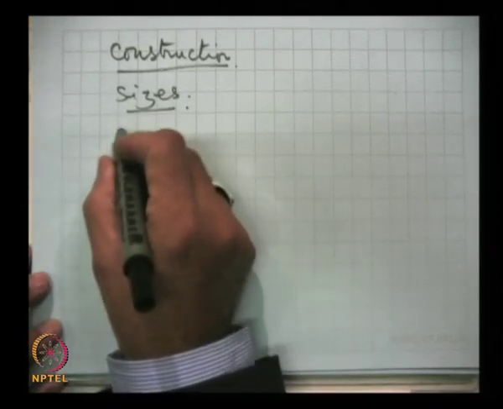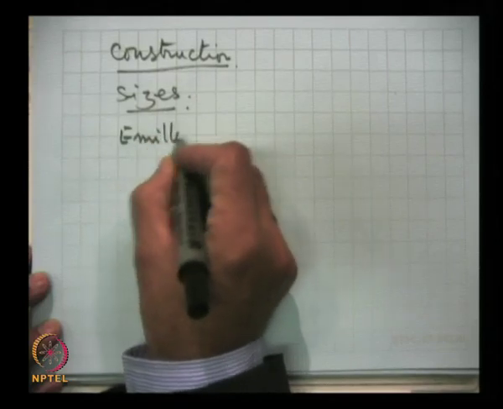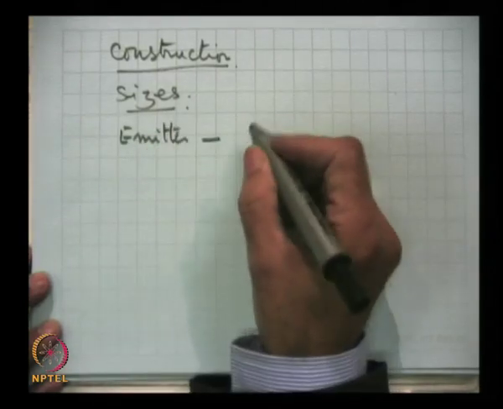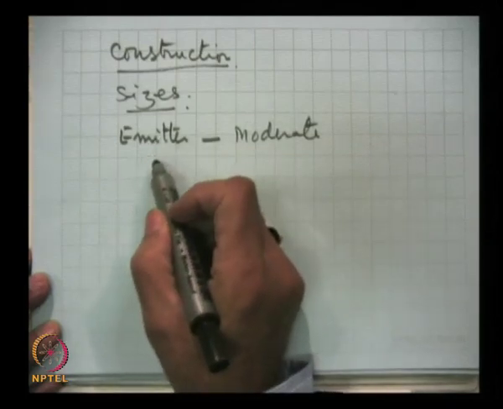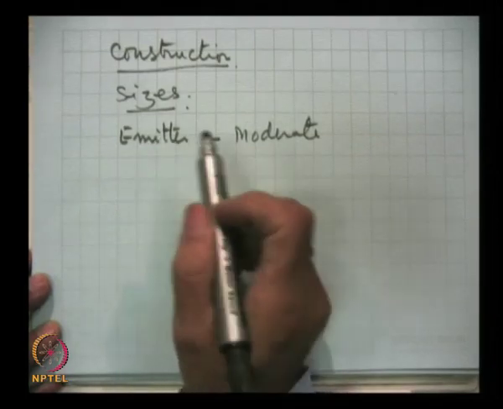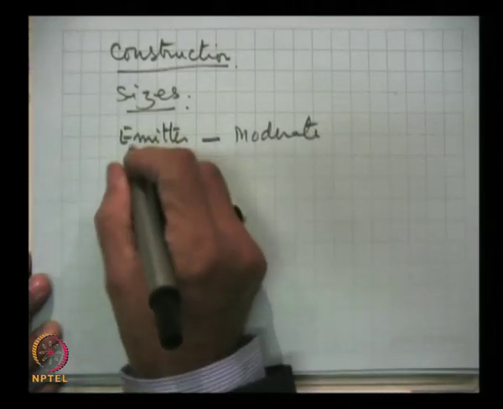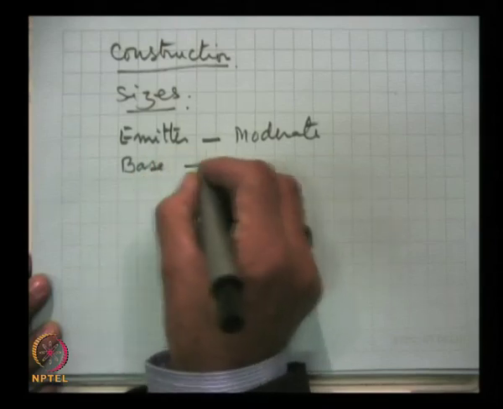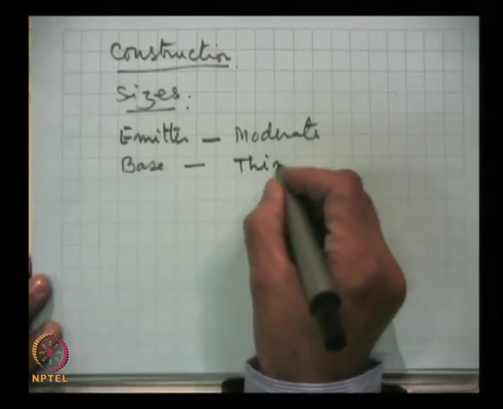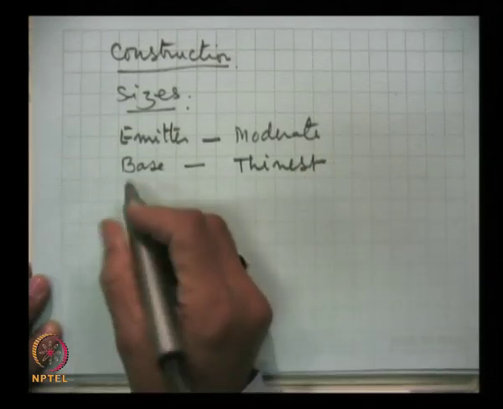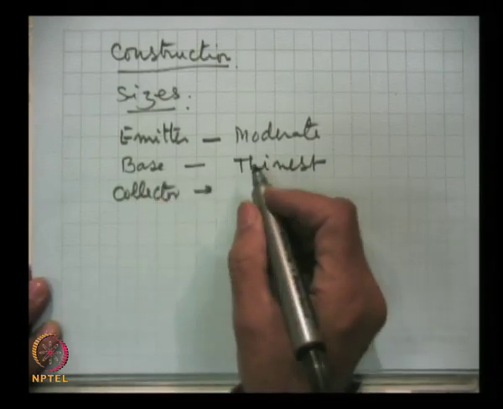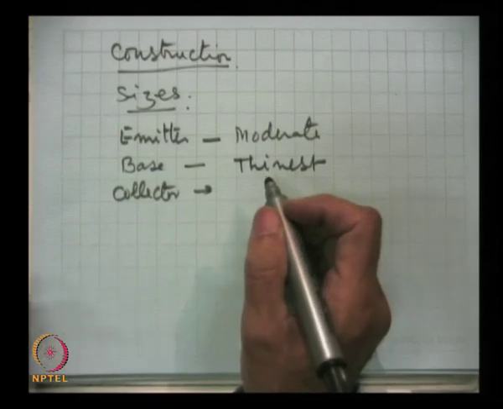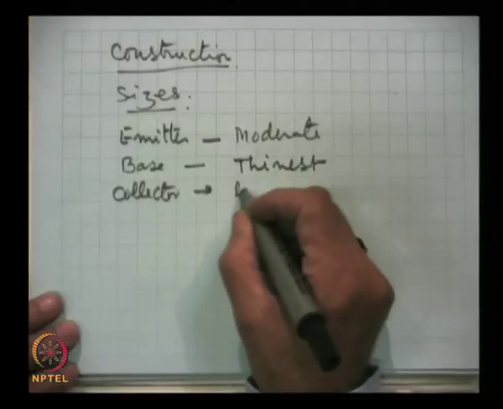The emitter is of moderate size, that is, the emitter has dimensions between the dimensions of collector and base, and base is thinnest, and collector, when we compare the three sizes in a transistor, size of emitter, base, collector, then collector has the largest size.